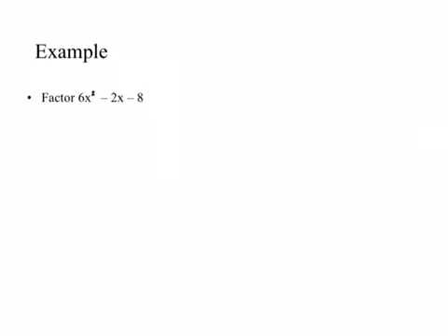Looking at 6x squared minus 2x minus 8, we see that 6, 2, and 8 have a common factor of 2. So I'm going to factor that out first. I now have an a term of 3 and a c term of negative 4. When I multiply those together, I get negative 12. Thinking of negative 12, what factors of negative 12 make up a negative 1?